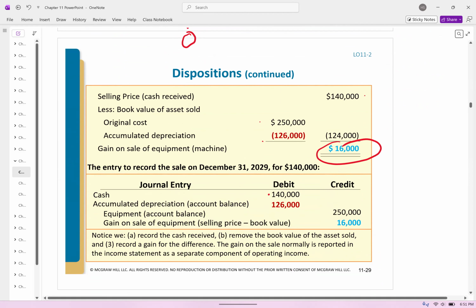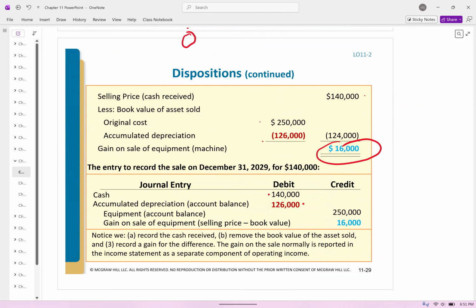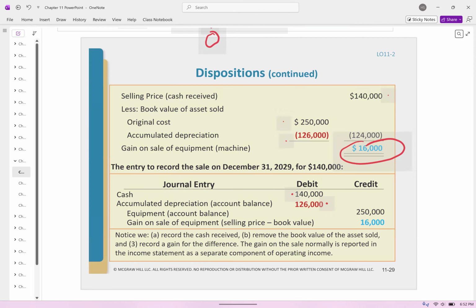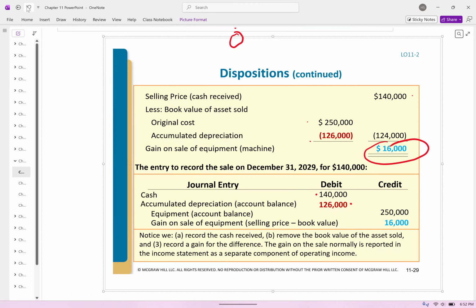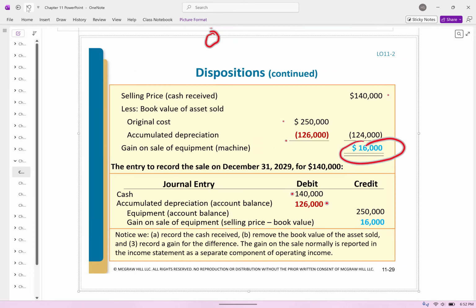Okay. So I told you to figure out cash, have your equipment, and have your accumulated depreciation. And then your gain. If you did not know it was a gain, if you put those 3 things in there, you need a credit. Oops. If you need a credit, then it's always going to be a gain.